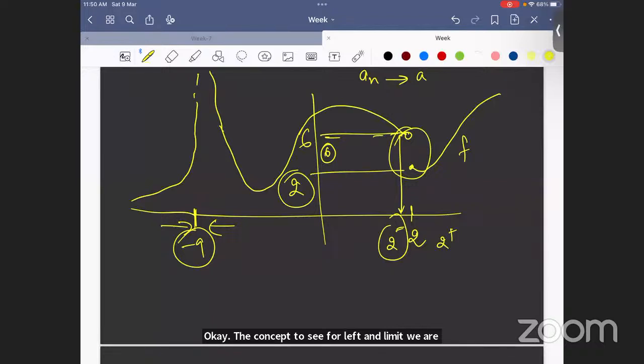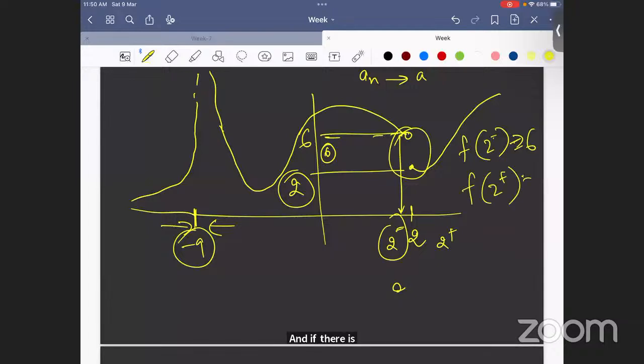So the limit doesn't exist because f of 2 minus is 6, and f of 2 plus has some different value tending to 2. That's why the limit doesn't exist. If you have been asked to calculate just the left hand limit at 2 minus, you'll calculate it as 6, not as not defined, because you're getting something closer to that value.